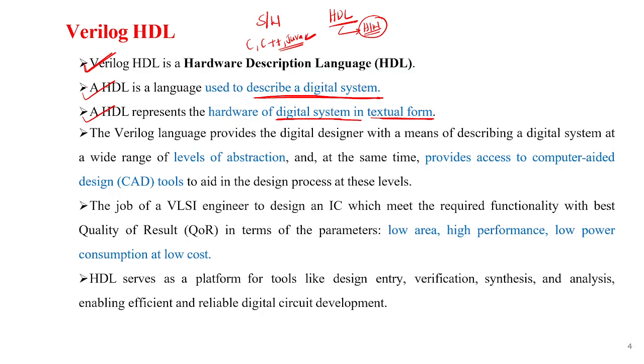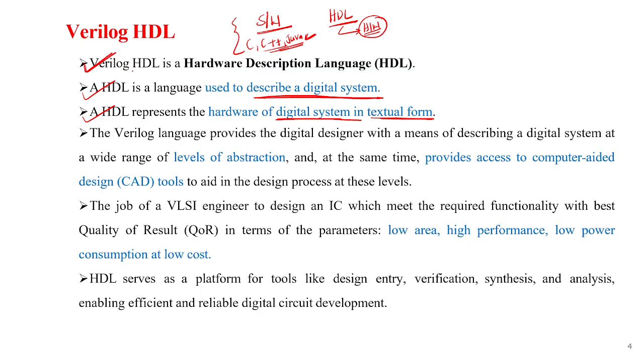Now Verilog HDL is there, and our concentration is only Verilog, not VHDL. Why? Because VHDL is hard to learn, and it is mostly used for defense purposes. But Verilog is used wherever you go, RTL designers will write the program in Verilog only.